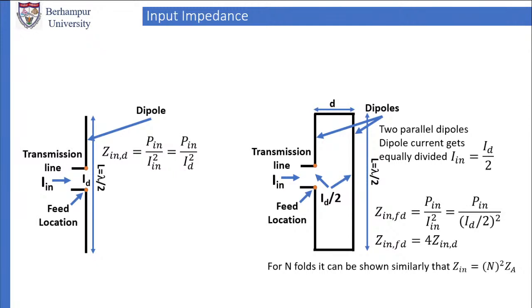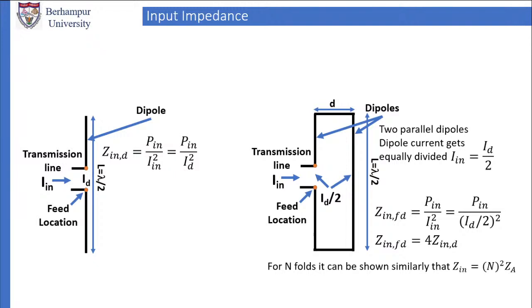Now come to the folded dipole. So that was about the dipole. When we come to the folded dipole, again we have a line current I_in. Then we have two dipoles connected in parallel. Since we have two parallel dipoles, the current on each dipole will be equally divided.